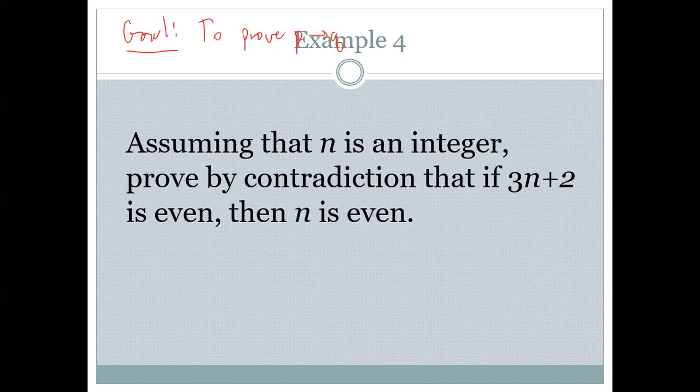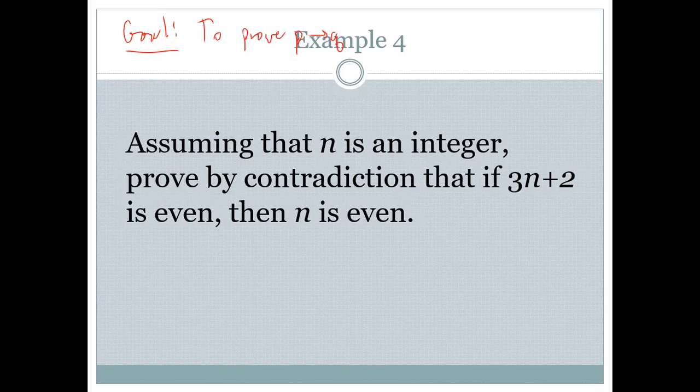Now, most of the techniques that we use, we start by assuming the truth of P and working from there, or assuming the truth of not Q and working towards not P. That second method is called proof by contraposition, yes? So we either assume the truth of P and work towards Q.